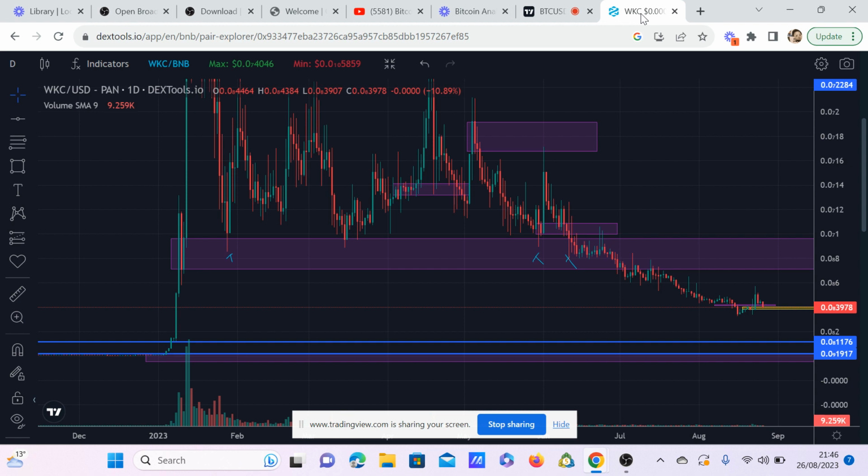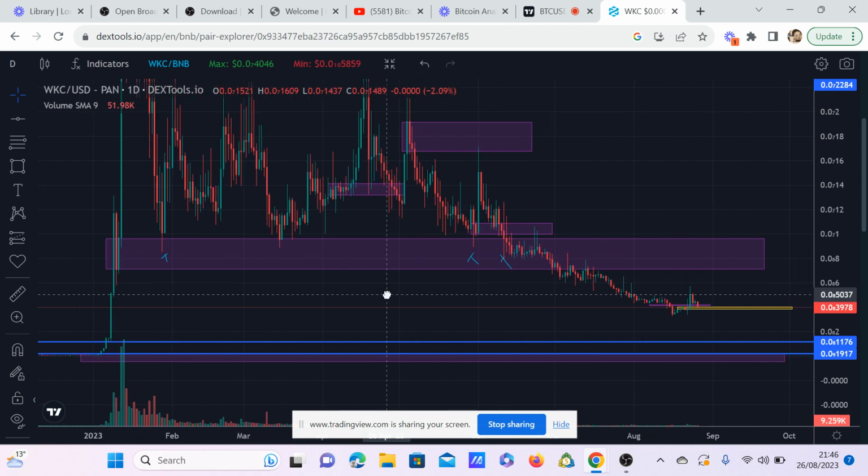It can even reverse from this level and go higher. But if I'm right, maybe we are likely to see these blue line levels before WikiCat actually moves higher. So let's see how the market plays out.